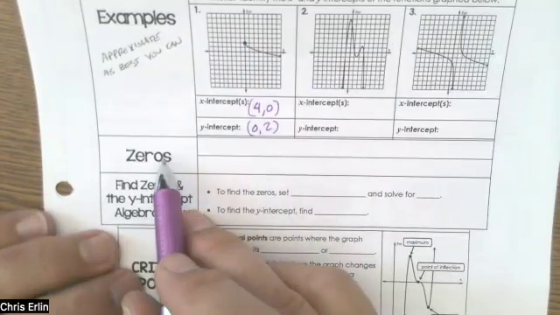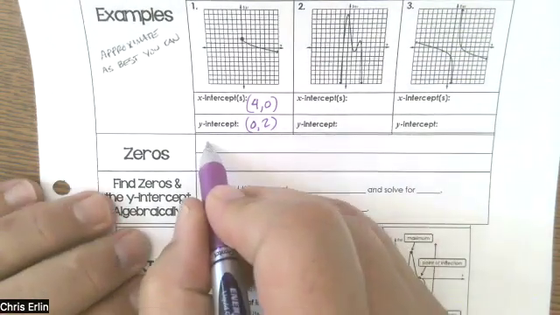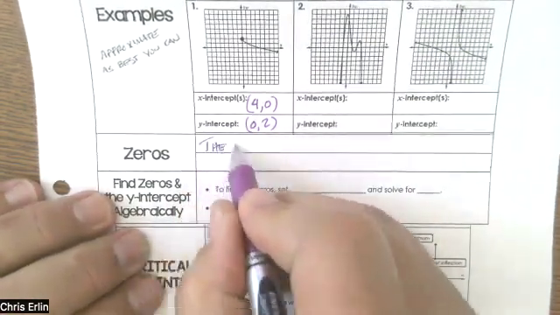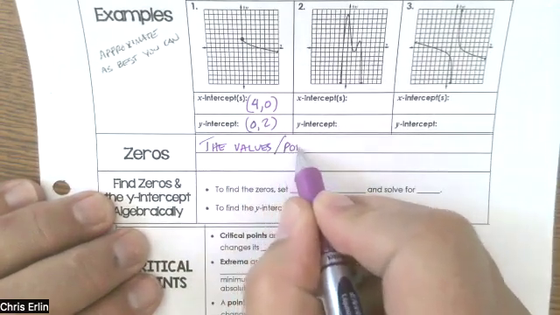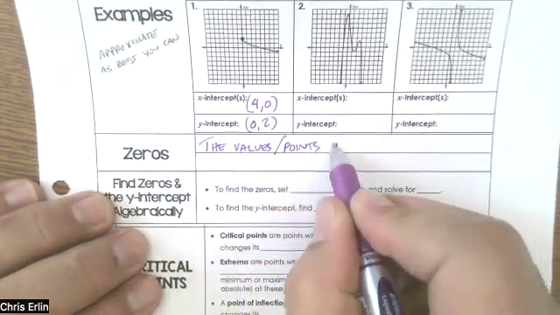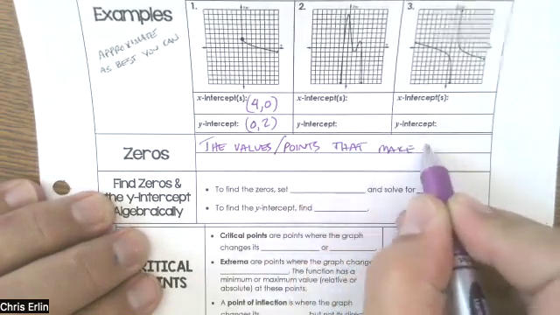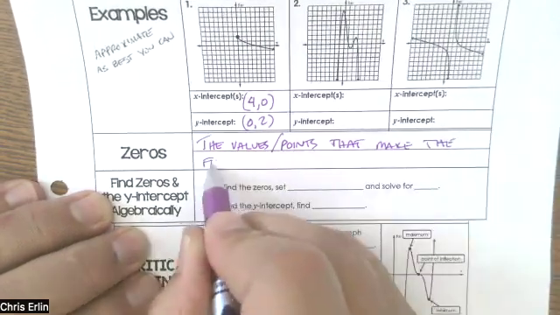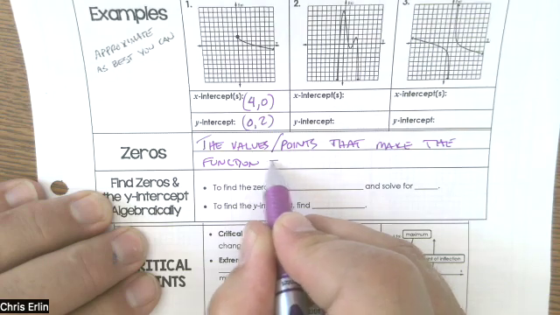All right, so what are zeros? They're the values or points that make the function equal 0.